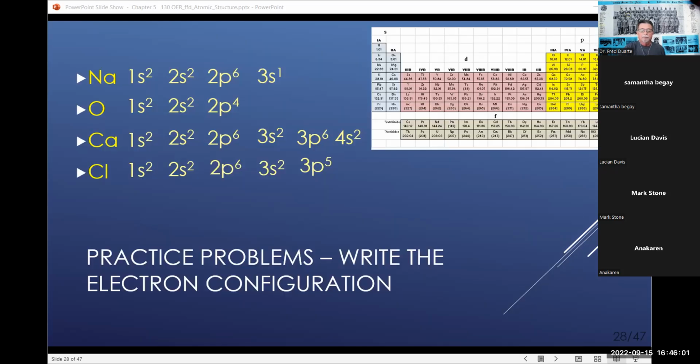Okay. Now, with that being said, see how we did that. Now, here's the thing. If you recall, with respect to metals losing and gaining electrons, which one is it? Oh, sorry, I just saw your message.